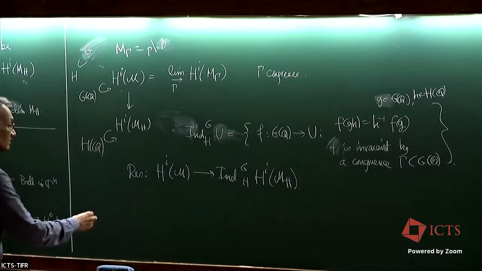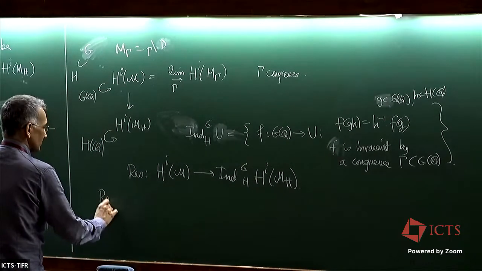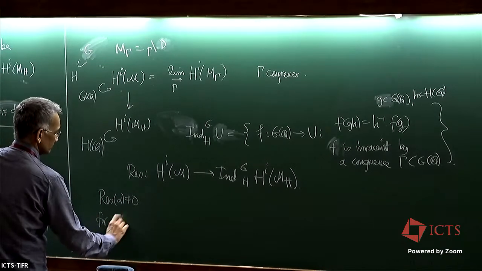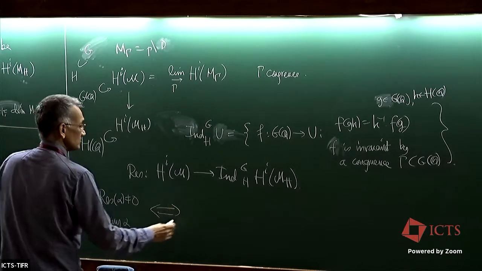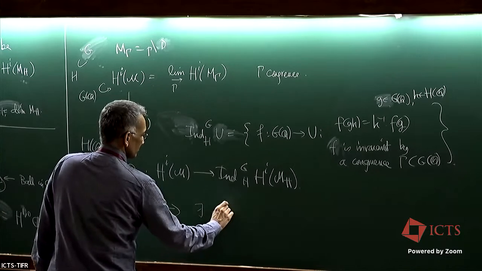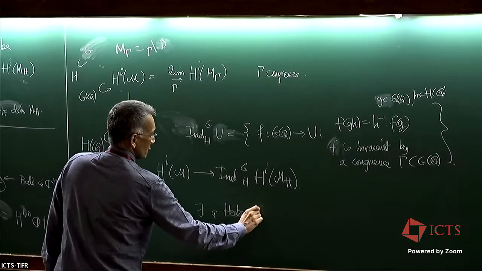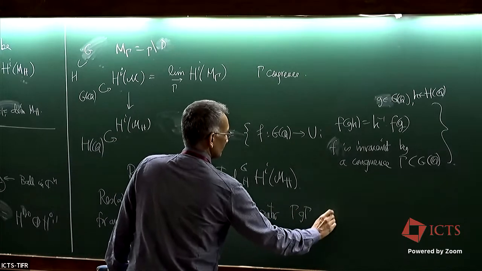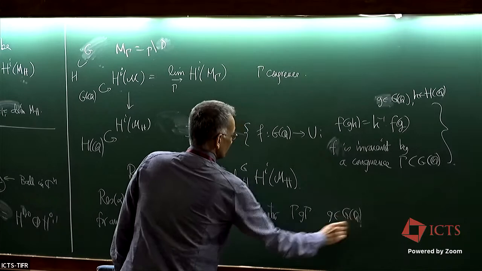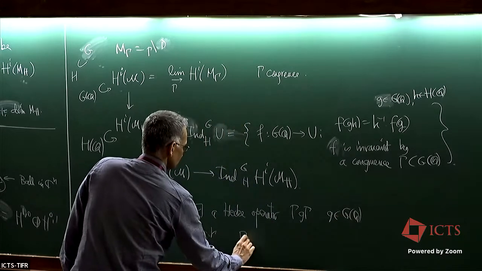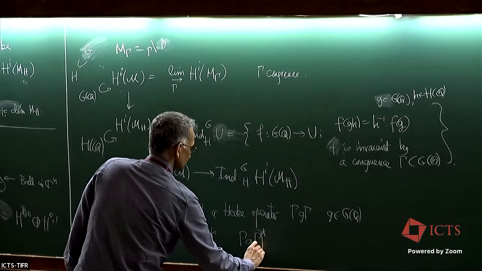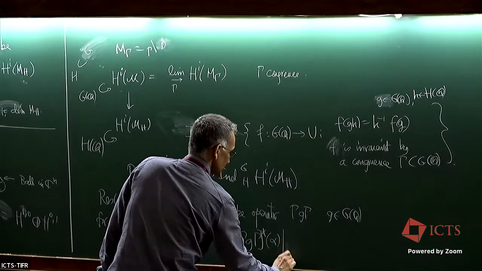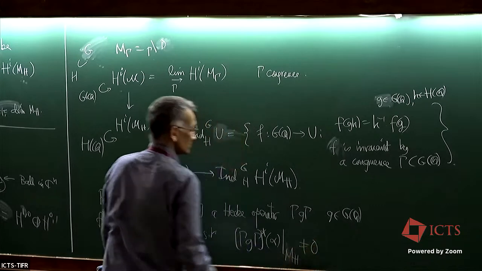And Res α not equal to 0 for any α is essentially equivalent to saying there exists a Hecke operator such that when I apply the double coset to α and then restrict to M_H, this is non-zero.